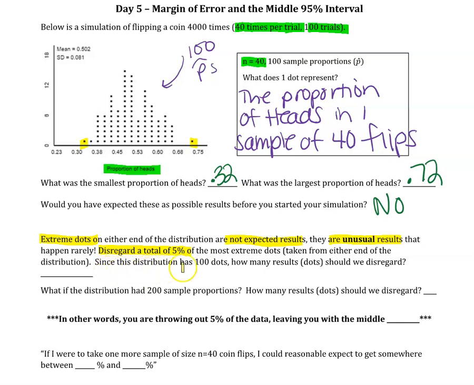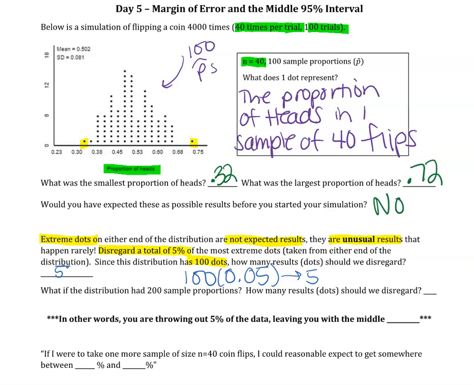So since this distribution has 100 dots, how many dots should we disregard? Well, there's 100 dots, and I throw out 5% because those don't happen that often. That means I throw out 5 total dots. Now, when you throw out 5 total dots, you want to try to do it evenly from either side of the distribution. Obviously, 5 is an odd number, so it's either 2 and 3 or 3 and 2 dots from either side.